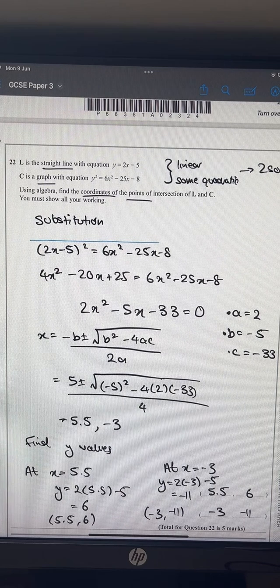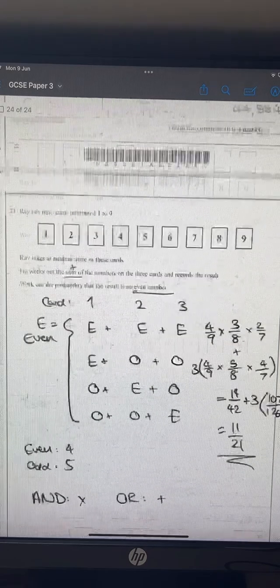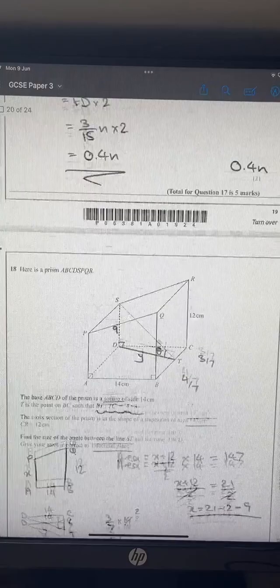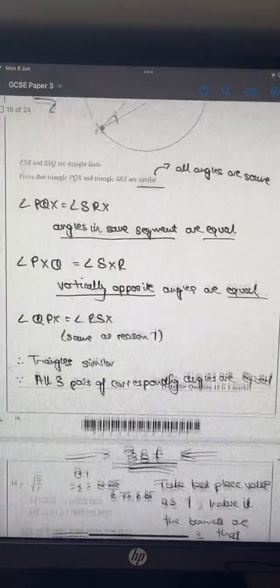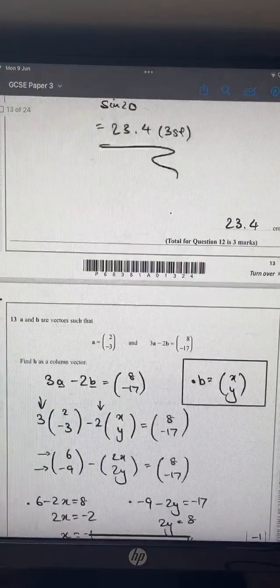Is there any topics that anyone in the chat wants me to try and find questions on and do, or should I just look for another past paper and do some questions from there for the next half hour or so? Does anyone have any suggestions? Vectors equating coefficients. Is that like the question we did earlier on vectors?